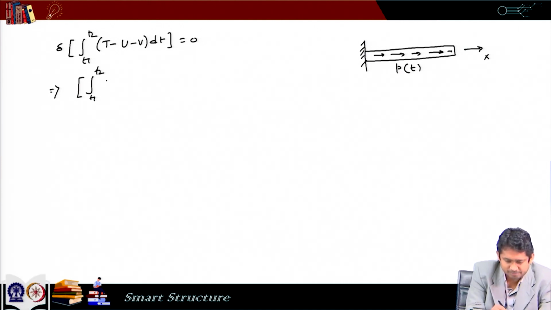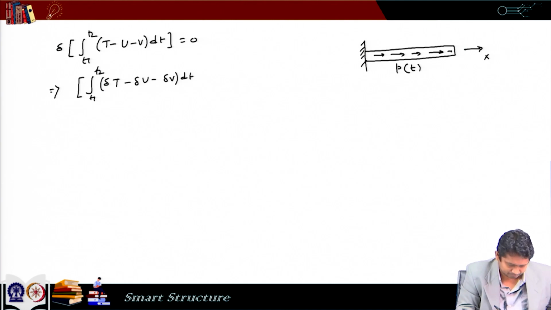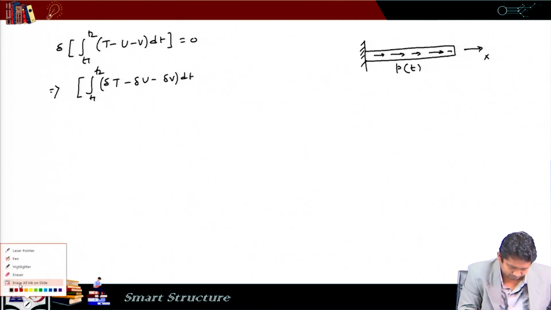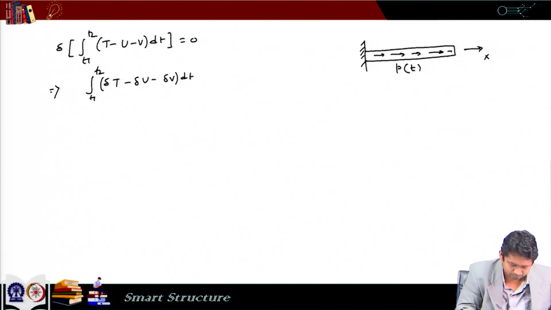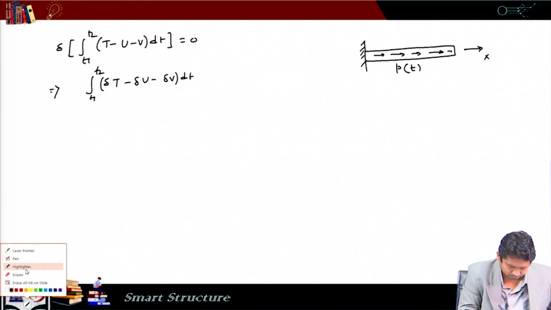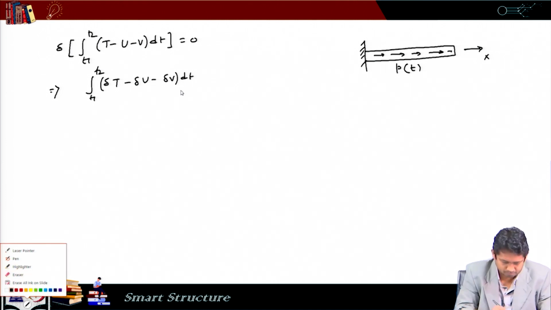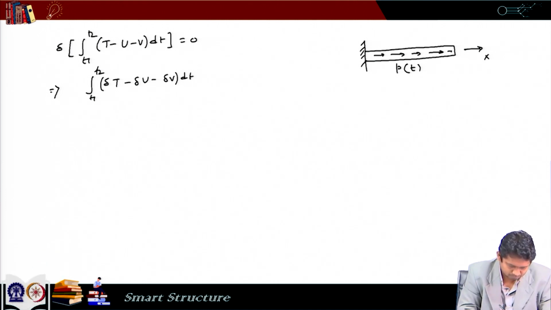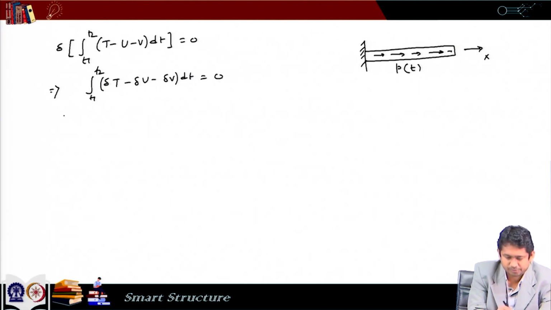So, this is our integral from T1 to T2 of delta T minus delta U minus delta V dt is equal to 0.